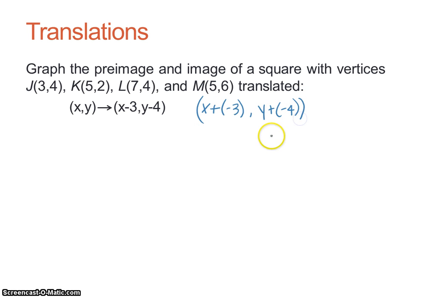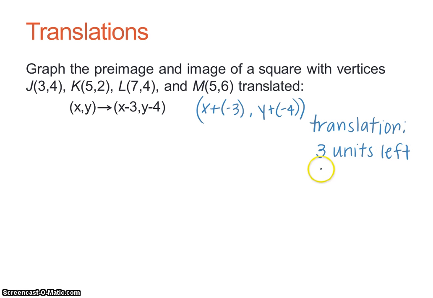So if we look at our a and b from our previous slides, we'll know that this is the same as saying translation 3 units left because of that negative, because we're going in the negative direction, and 4 units down because again we're going in the negative direction.